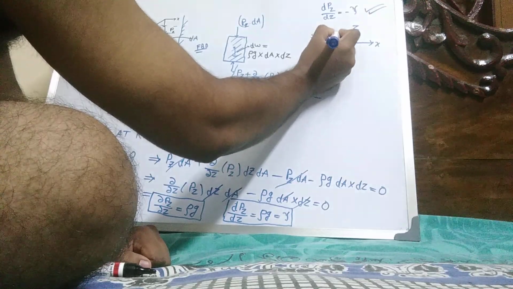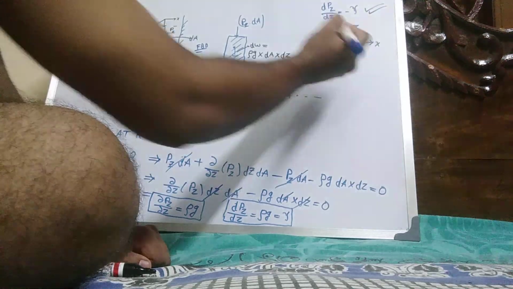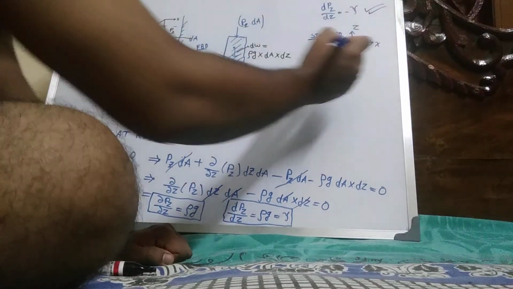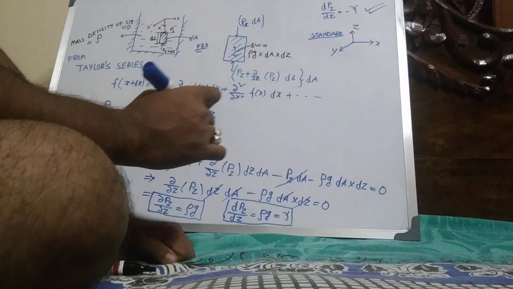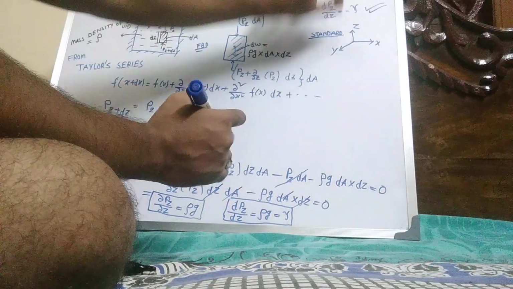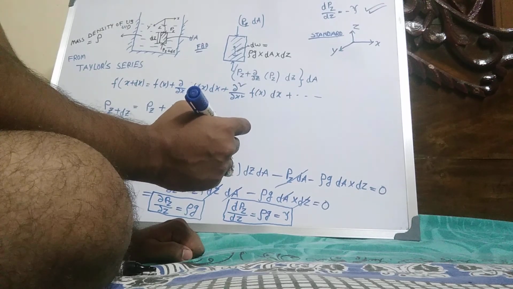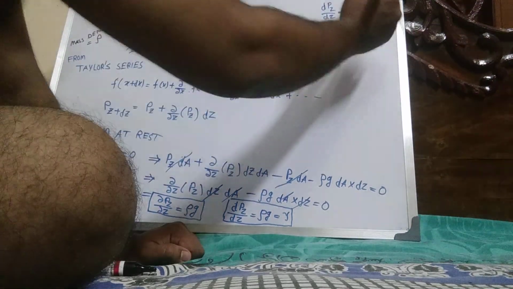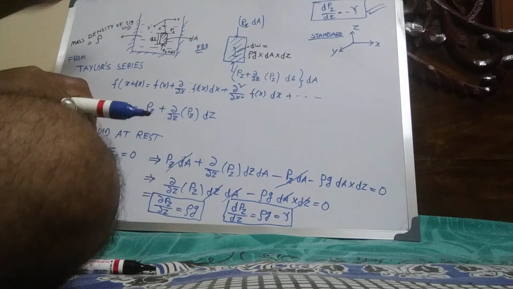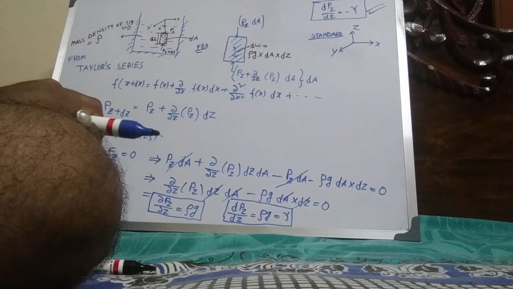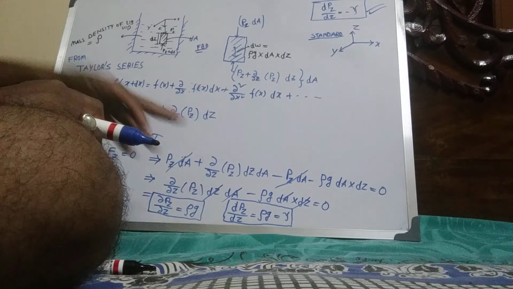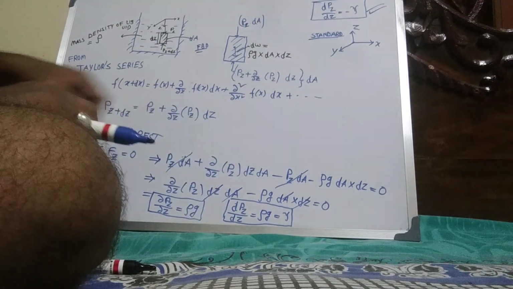Here we consider the z direction downward, but when we consider the z direction upward, the formula will be this. If the z direction is not mentioned, this one is correct, but if z is mentioned, then this equation is correct.